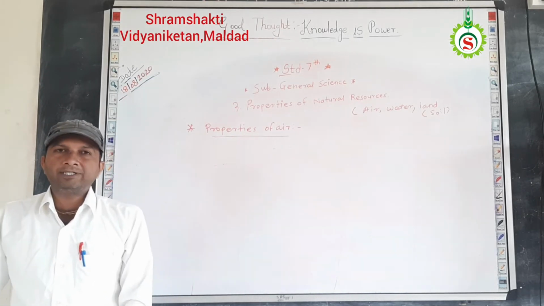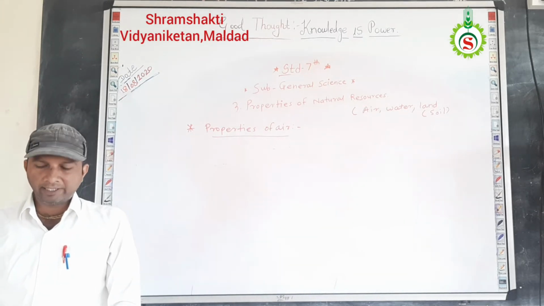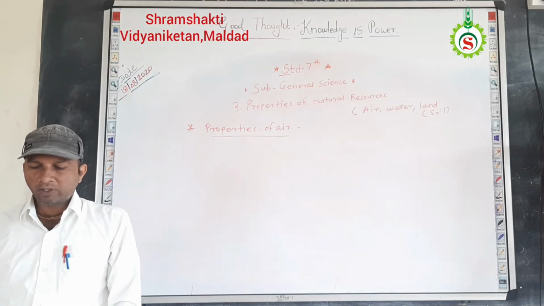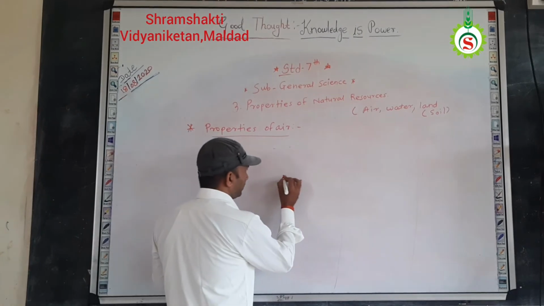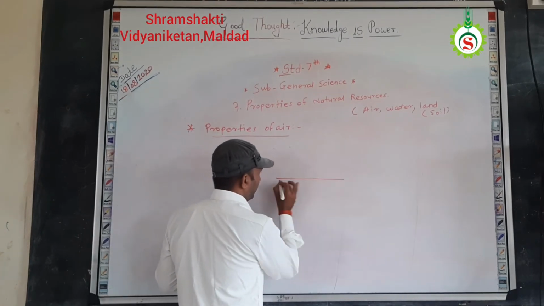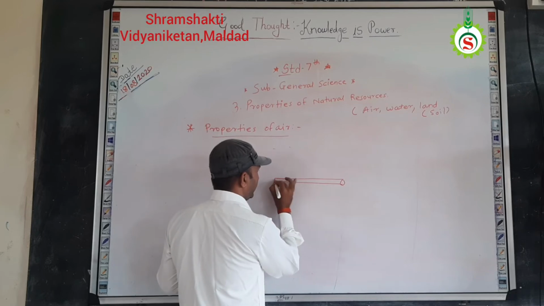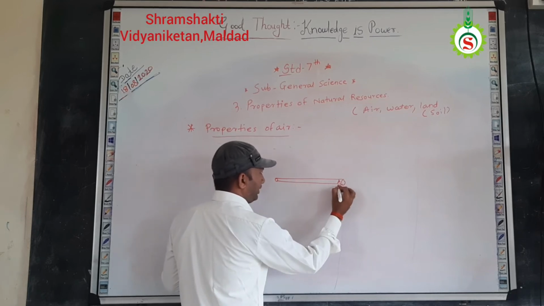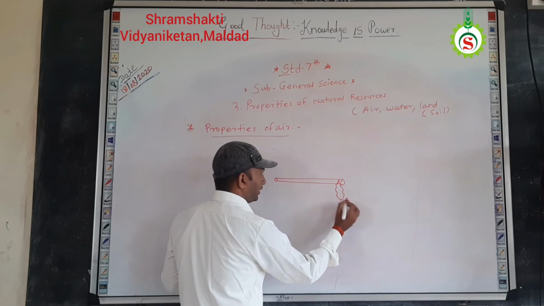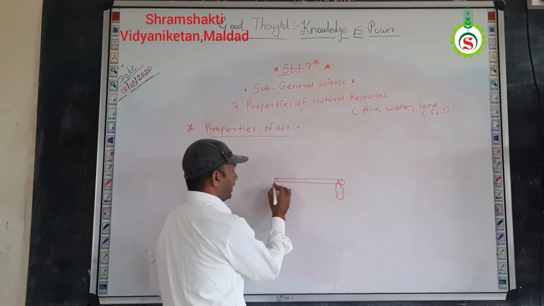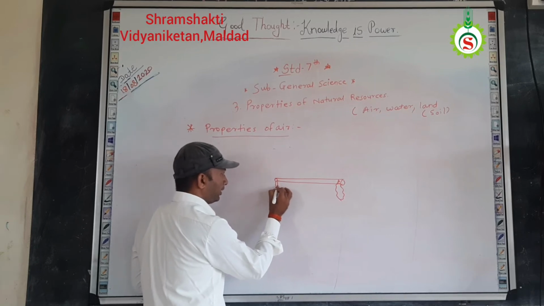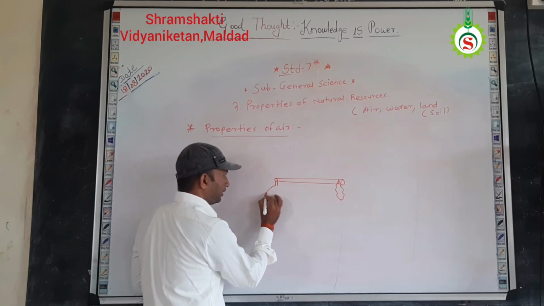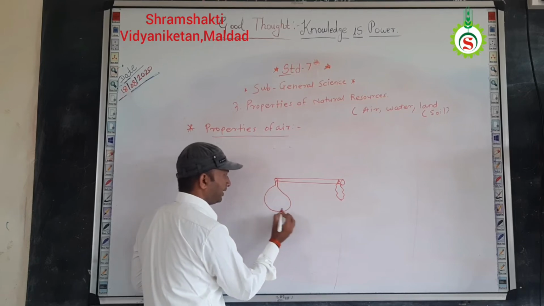Now one activity is there, from which we will study the first property of air. Now what we have to do? Take a stick from a broom or a paper or plastic straw. First you take the plastic straw like this. Then you tie two balloons here, first balloon and here second balloon. But the second balloon you blow from your mouth so that the balloon becomes inflated.